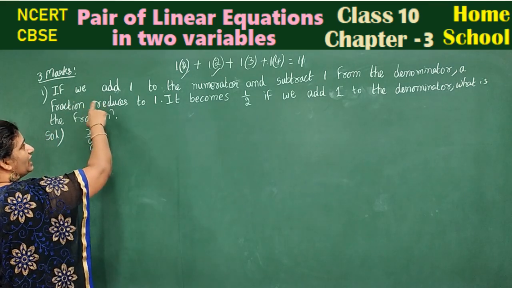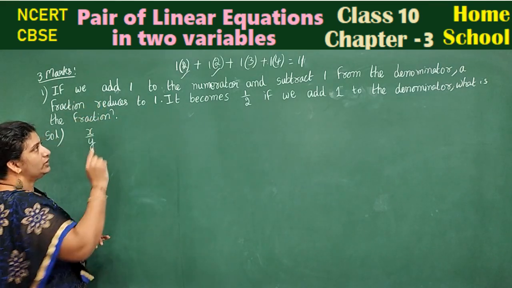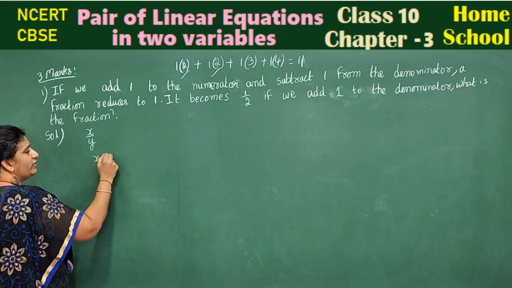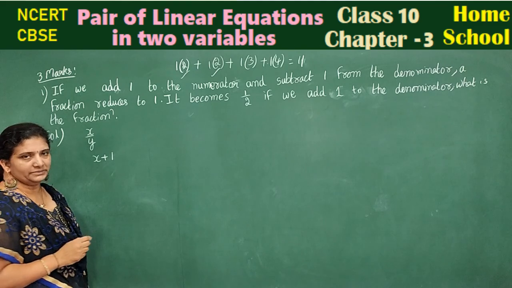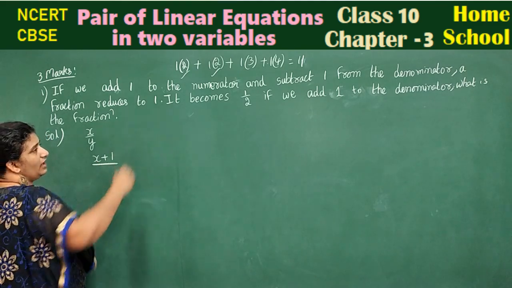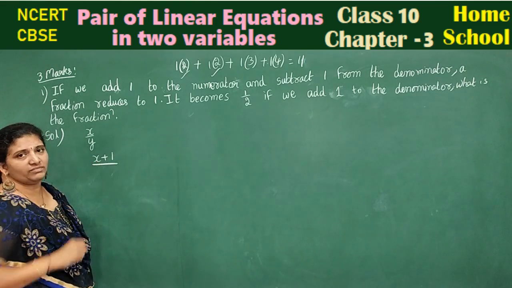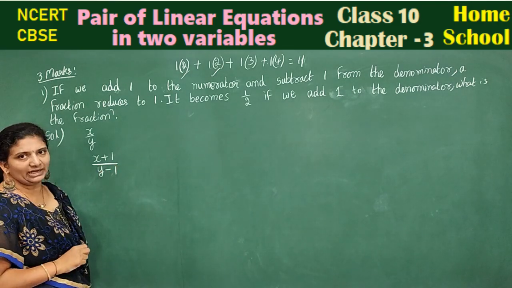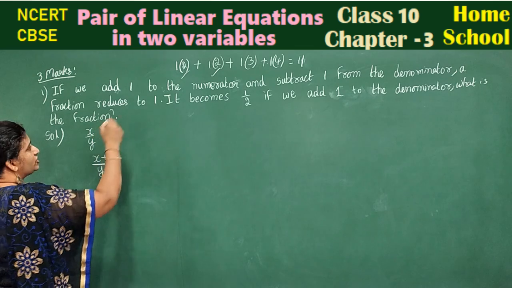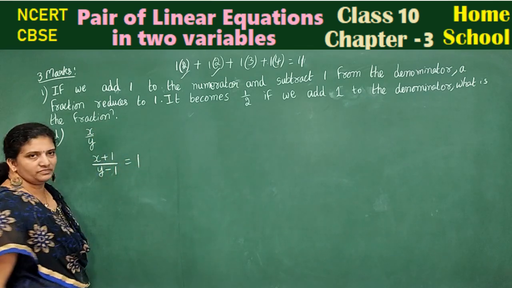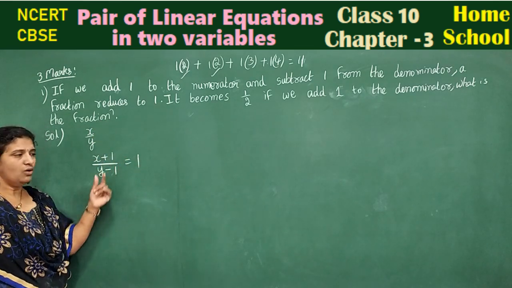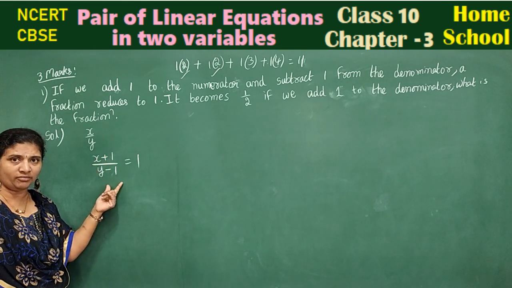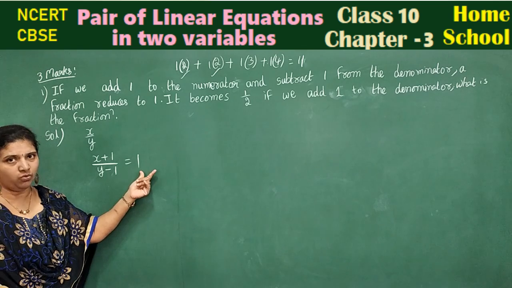First step, let me start with the first case. If we add 1 to the numerator, 1 I need to add, and subtract 1 from the denominator, so in y you subtract 1, the fraction reduces to 1. Understand here? 1 is added to the numerator and 1 is subtracted from the denominator, it reduces to 1.